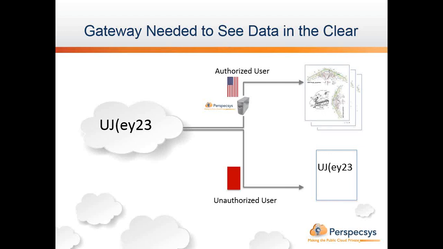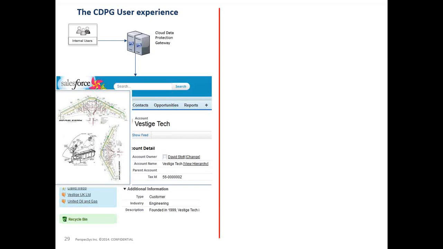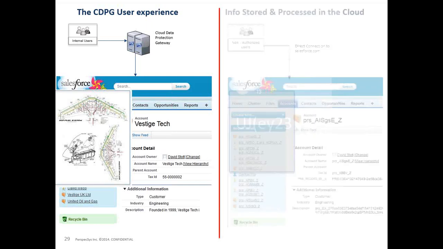If the internal users access the cloud system via the gateway, it has the means to pull the information back into the clear, so the internal users are none the wiser that this information was never truly put out into an uncontrolled environment, because the detokenization process happens behind the scenes inside of their own environment. And again, somebody who's not an authorized user would just see replacement information for anything that was tokenized that needed to be secured because it was ITAR-controlled information.